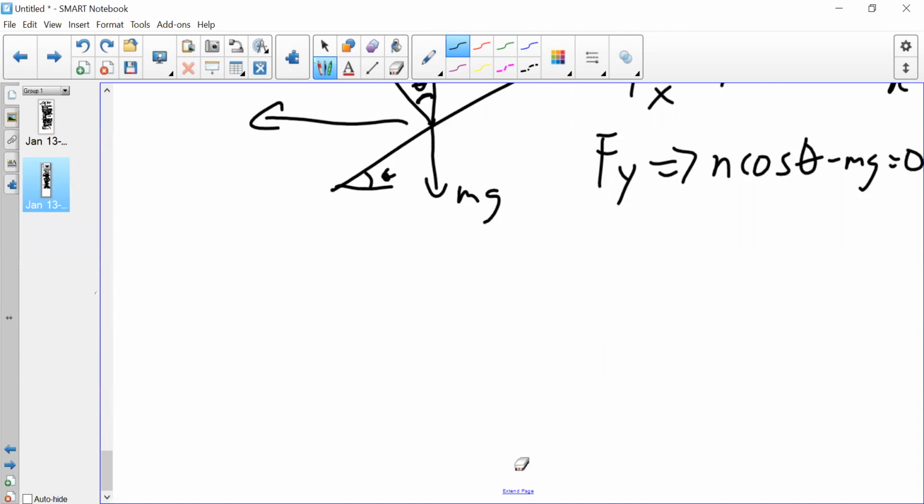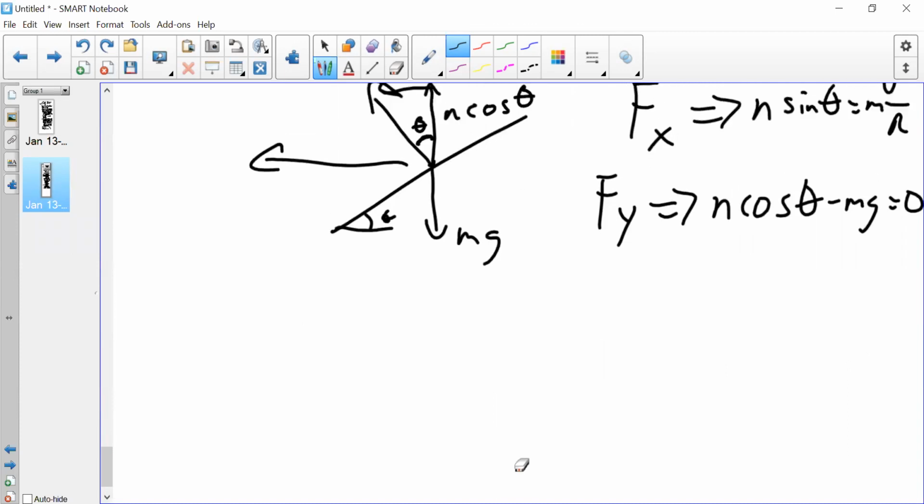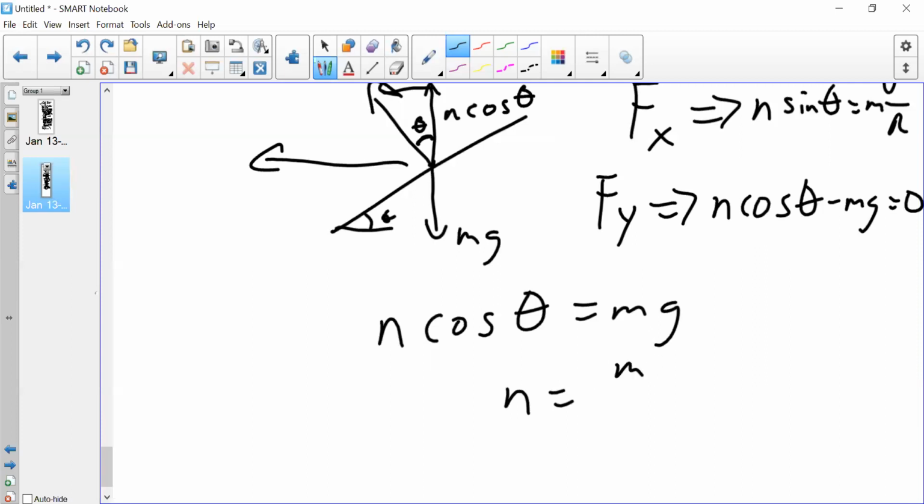So yeah, let's get an expression for N. Mg over cosine theta. And then we can replace this expression from the second into the first here.